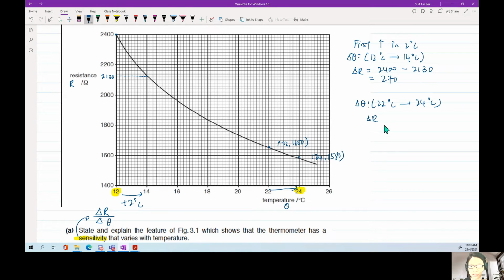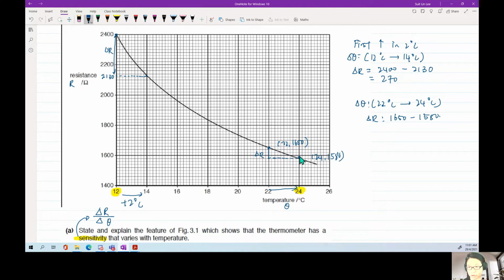The change in resistance is only 1650 minus 1580. You can already tell that this is very small. This change in resistance is very small compared to this change in resistance, which is much bigger.